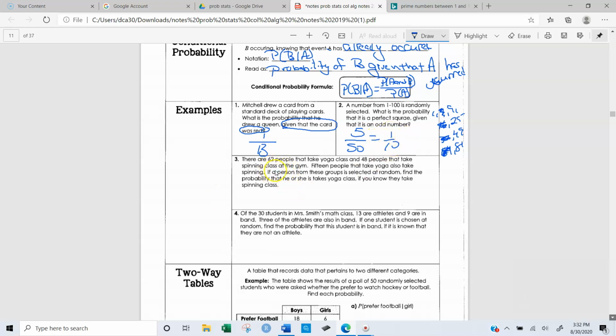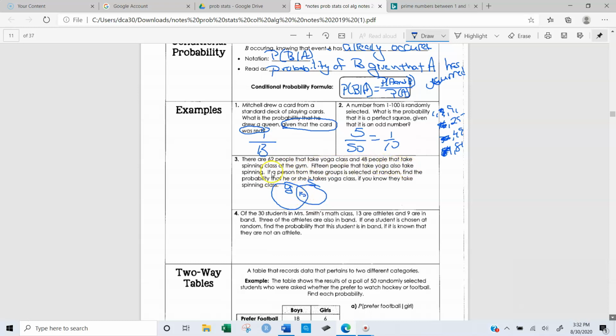This one here I think is easiest with a Venn diagram. So let's draw this out and see if this will help us understand. There are 62 people that take a yoga class and 48 people that take a spinning class at the gym. So I have yoga and spinning. 15 people that take yoga also take spinning, so I know I have 15 that intersect.